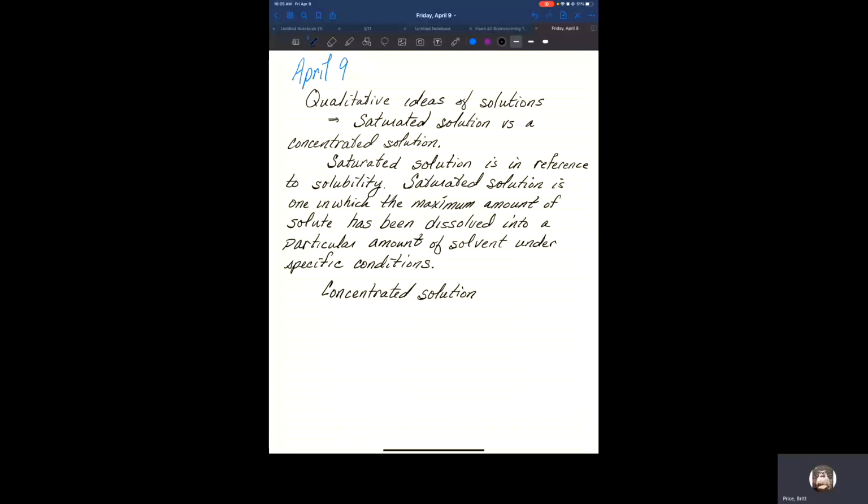So a concentrated solution is one in which a lot of solute has been dissolved into solution.